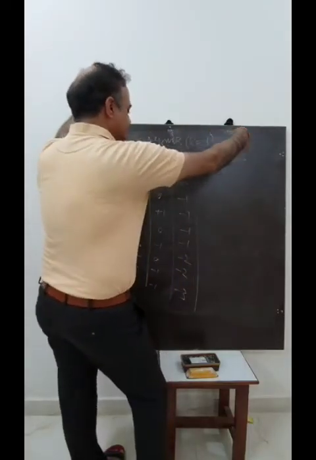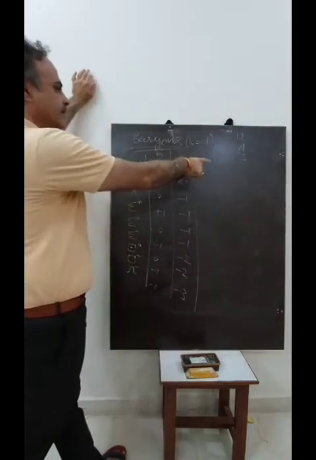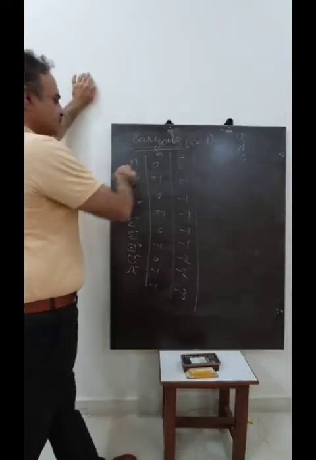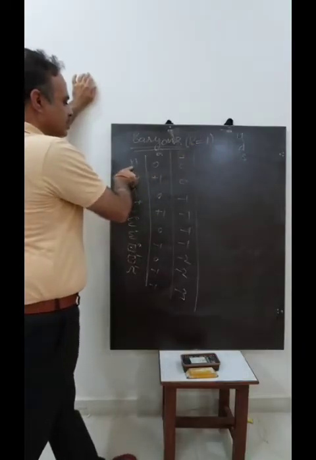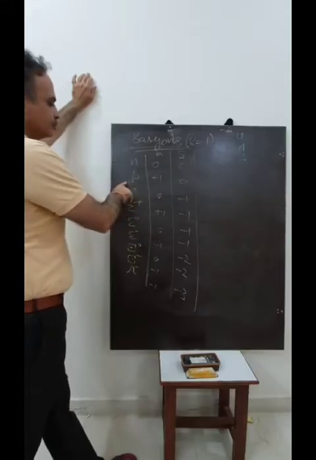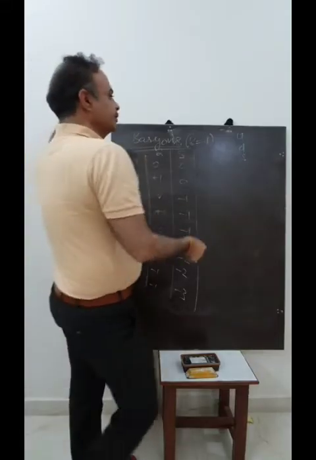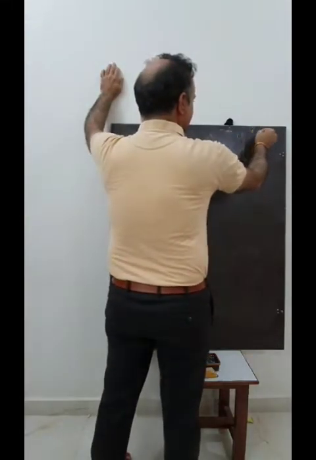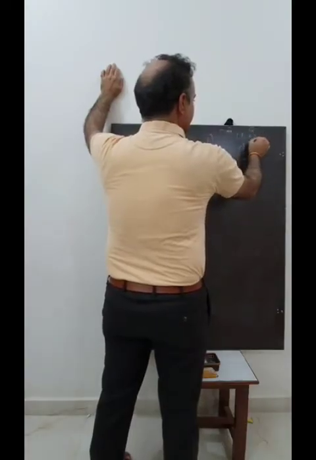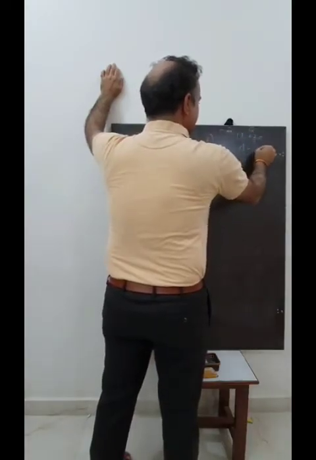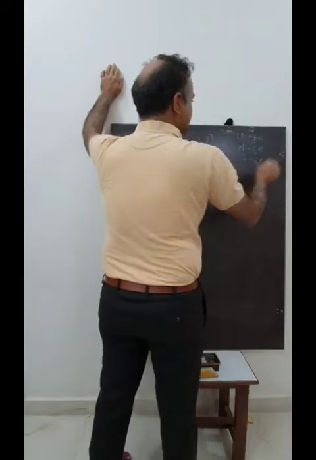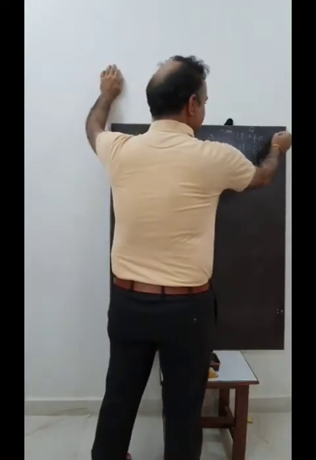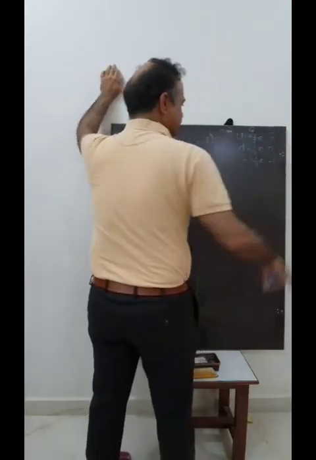By the combination of these 3, we will find out which quarks are involved in the formation of neutrons, protons, and all these. So what is the charge on U? Plus 2 by 3, D minus 1 by 3, S minus 1 by 3 e. And what about strangeness? 0, 0, minus 1.